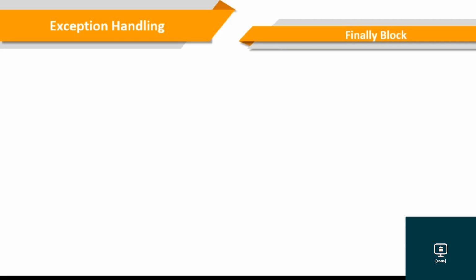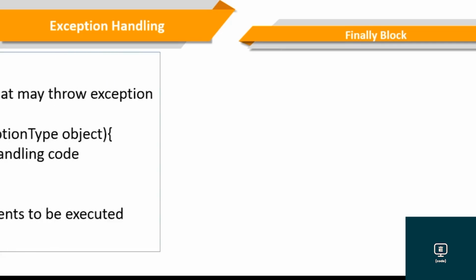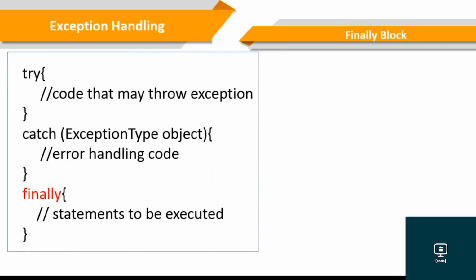Finally block. So the Java finally block is used to execute important code such as closing a connection, stream, etc. If an exception occurs in the program, the currently executing method may stop without completing execution.